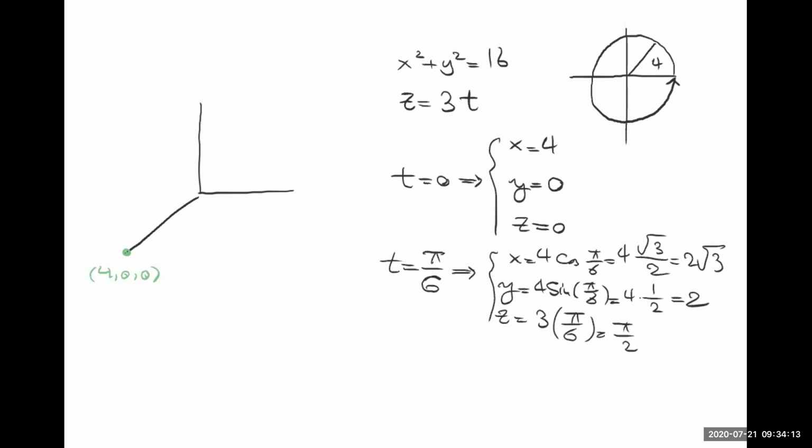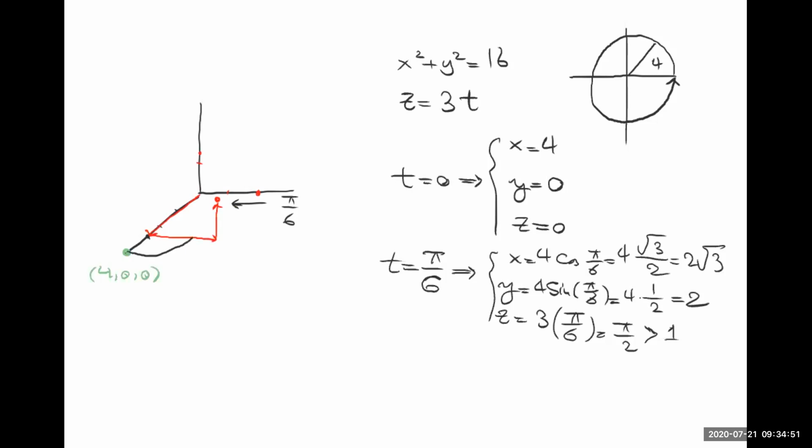Well, pi is 3.14, so it's slightly larger than 1. So where is this thing? 2 square root of 3 is almost somewhere here, and then y is 2, and z is slightly above 1. So the point we are looking for is almost here.